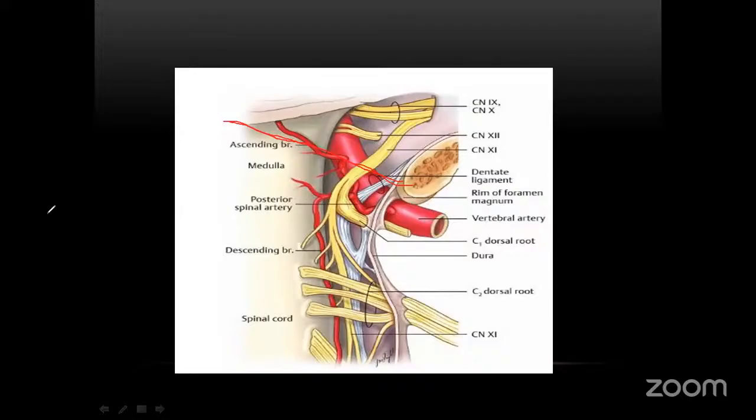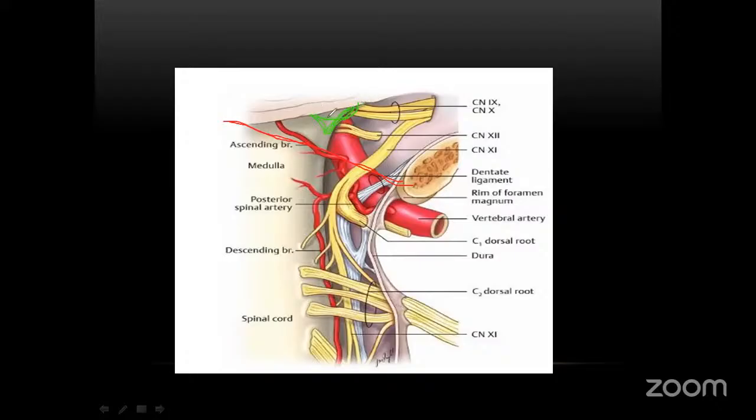If the occipital condyle is there, most of the time we have to partially resect it, because the medial part of the occipital condyle gives some notch medially. Suppose this one is the occipital condyle.